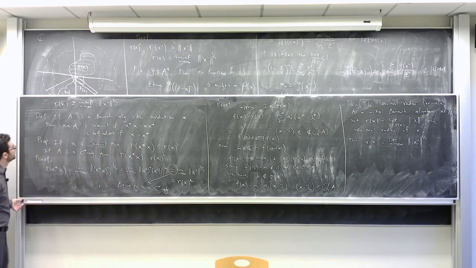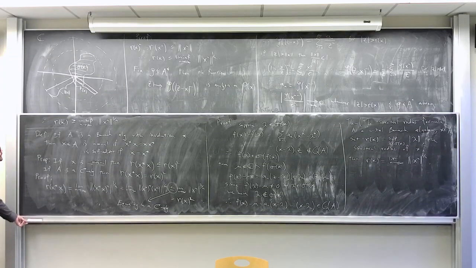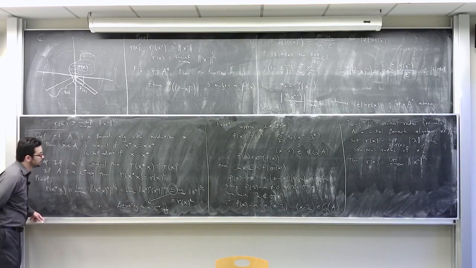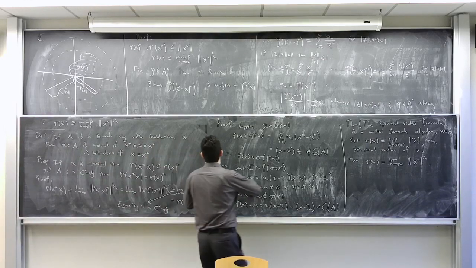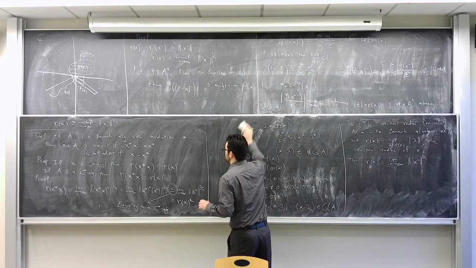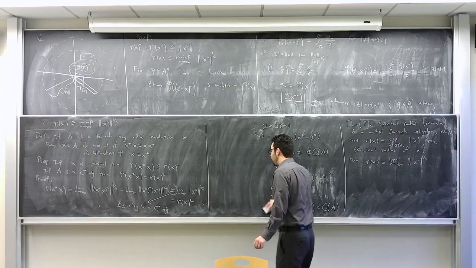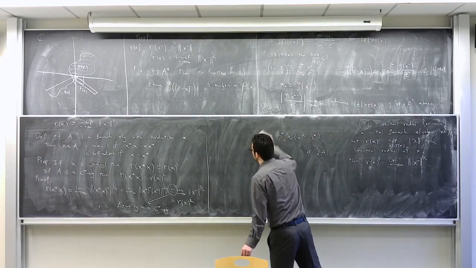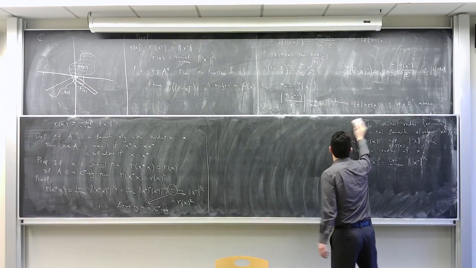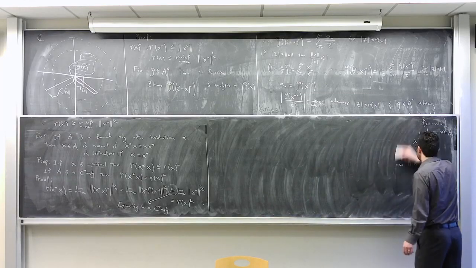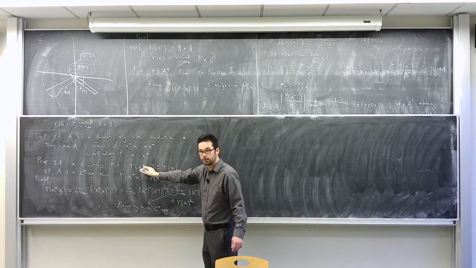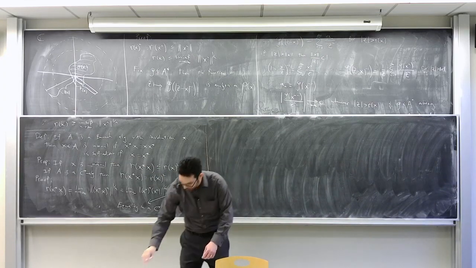So we have this nice relationship between the spectral radius of x and the spectral radius of x star x. And like I said, this makes computations a lot easier, especially in a C-star algebra, because on the left is always a self-adjoint element.